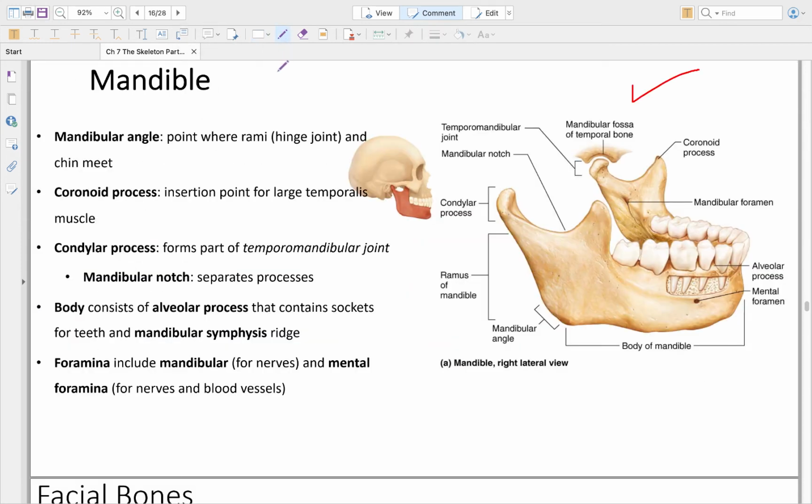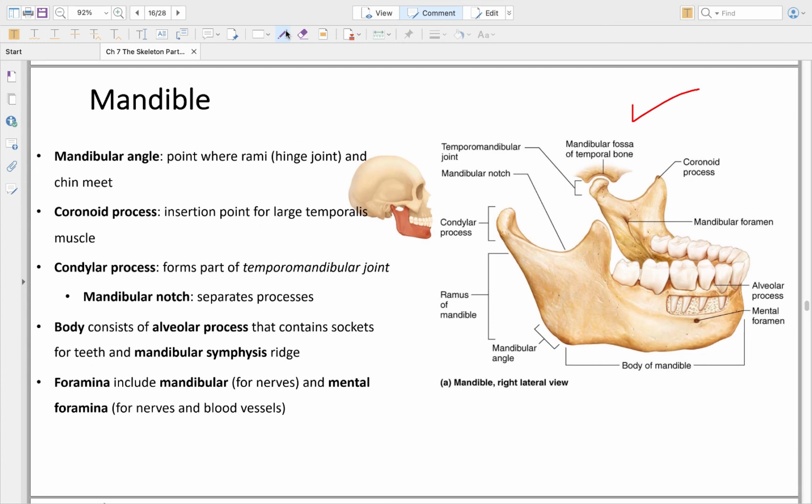Okay, next bone is the mandible. So your mandible is your lower jaw. And let's go ahead and go through the major parts. Okay, the mandibular body, or the body of the mandible. See this little corner?